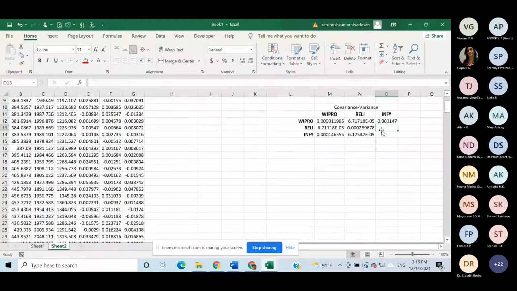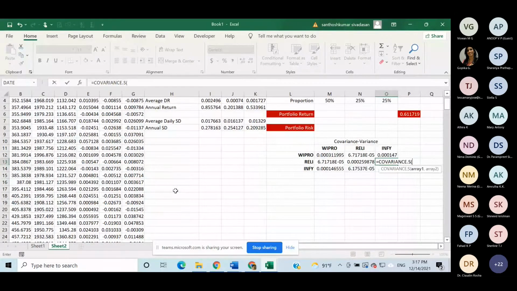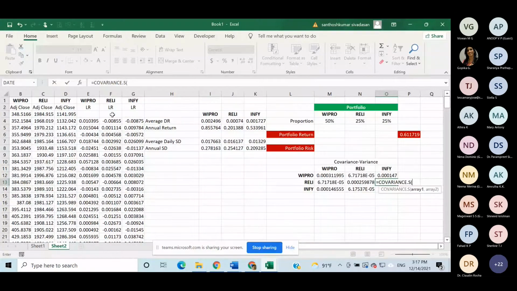So here, Infosys Wipro you got. Here it is equal to Infosys Reliance. So is equal to covariance. So Infosys Reliance. You can choose control shift down arrow.